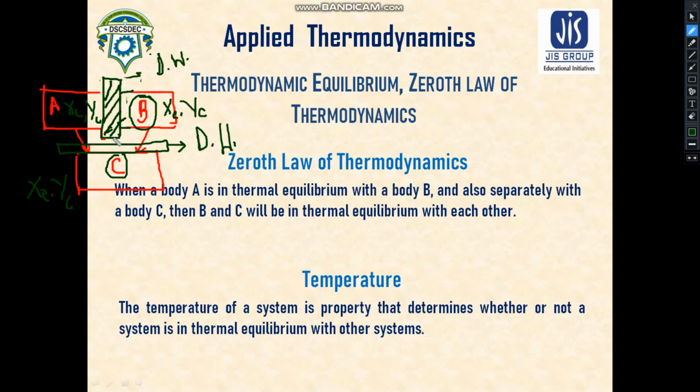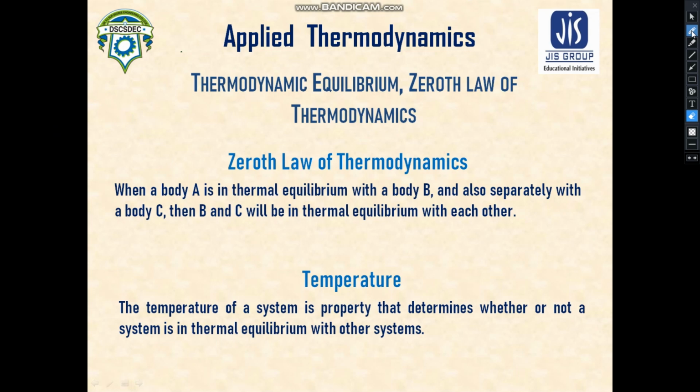So and then when both the systems A and B have reached equilibrium conditions, even if you separate them or place a diathermic wall between themselves, there will be no change of the properties because they have reached the equilibrium. They have exactly the same values of the equilibrium conditions. So there is no chance of change in the property values.